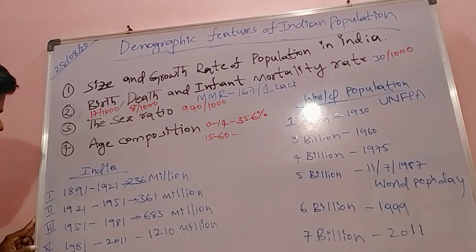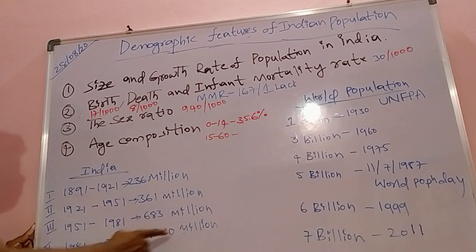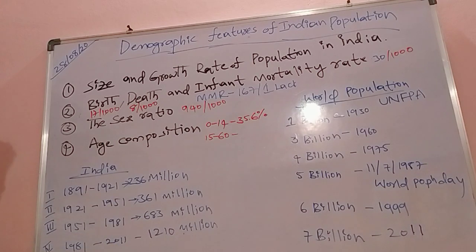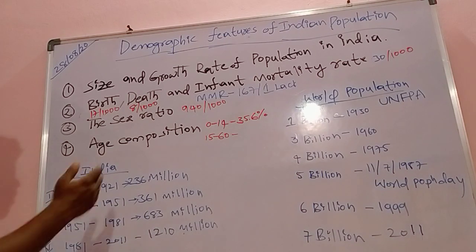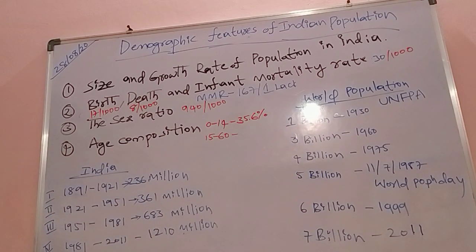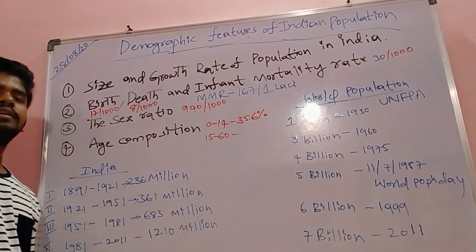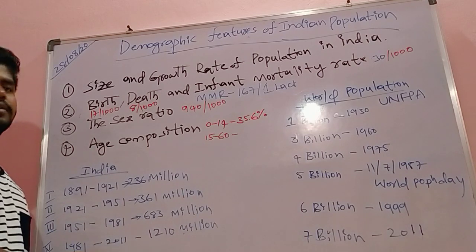Fourth stage, 1981 to 2011, around 683 million to 1210 million. Means in around 30 years, there is 121 crore population which we are in, according to the 2011 census, right? So this is how the Indian population is increasing, right?